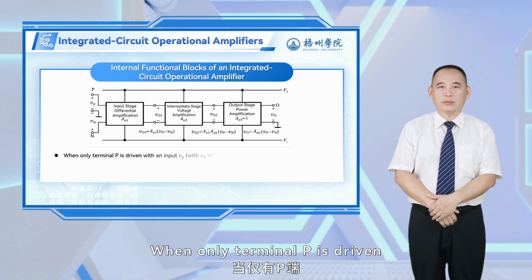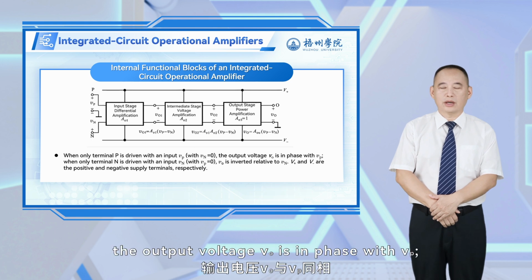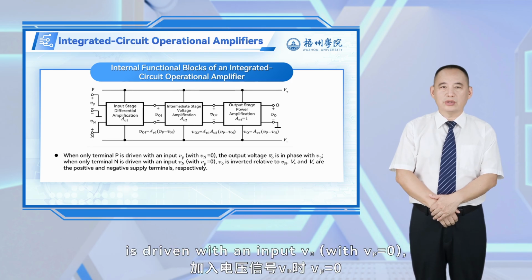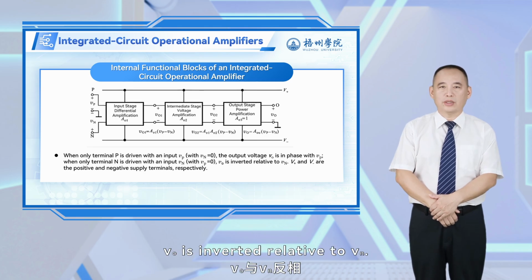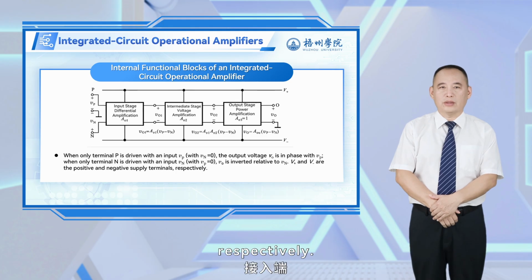When only terminal P is driven with an input V_P, with V_N equals 0, the output voltage V_O is in phase with V_P. When only terminal N is driven with an input V_N, with V_P equals 0, V_O is inverted relative to V_N. V+ and V- are the positive and negative supply terminals, respectively.